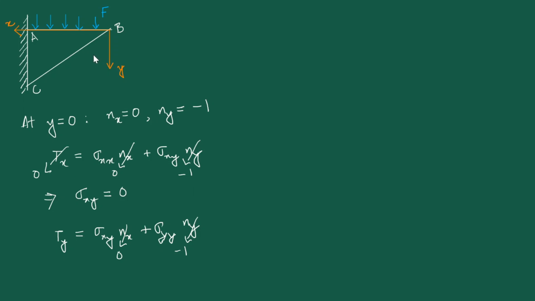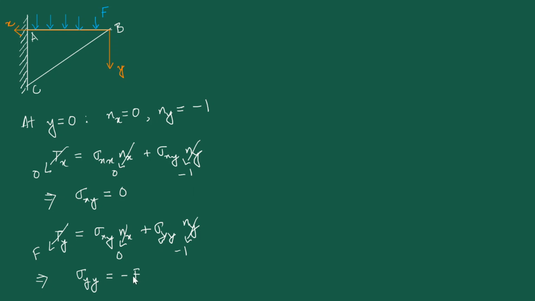The positive convention of Ty is very much pointing downward, and the applied load represented by these blue arrows is also represented by this F, the force per unit area F. So this one will be very much F, which means, and this is interesting, that we get sigma yy equal to minus F.